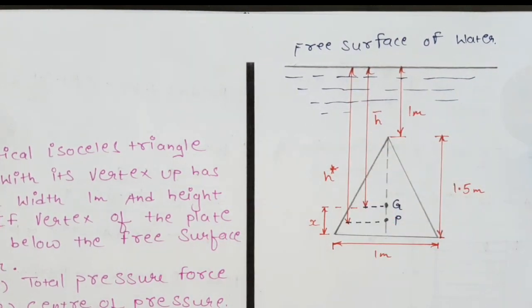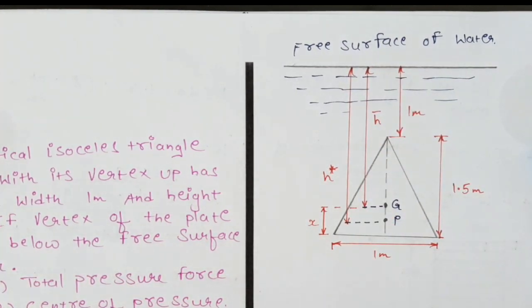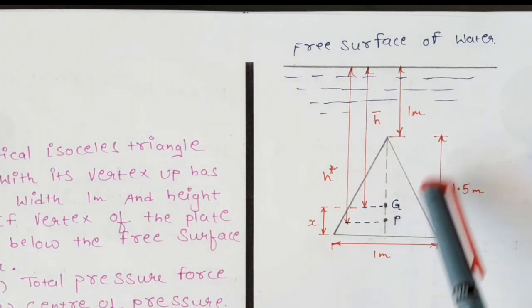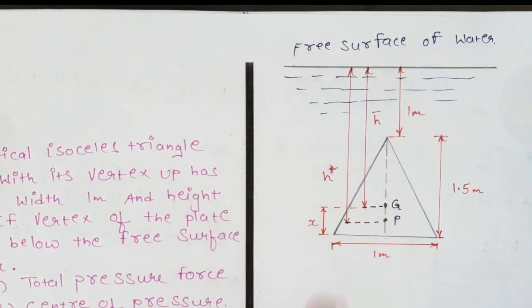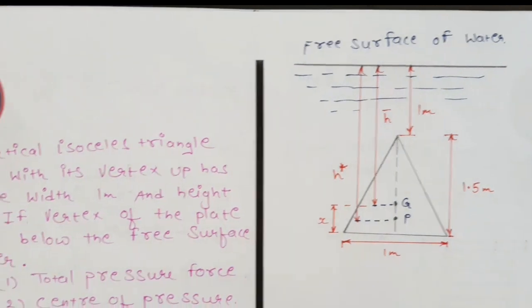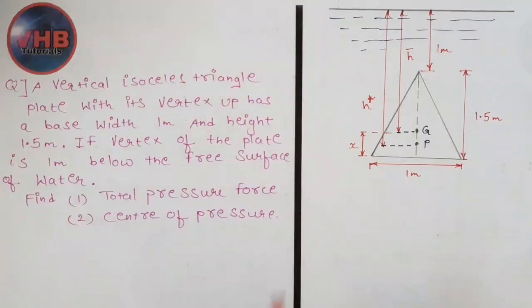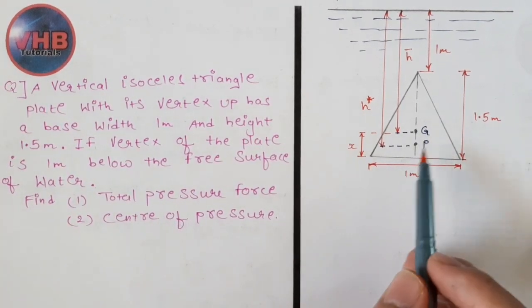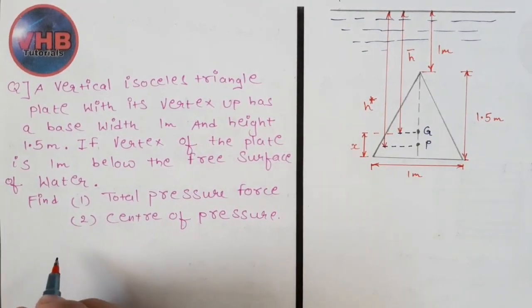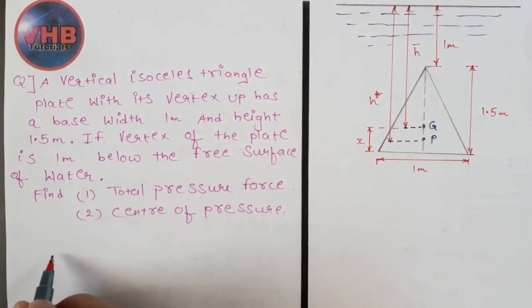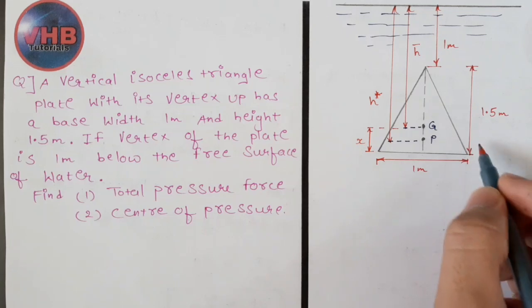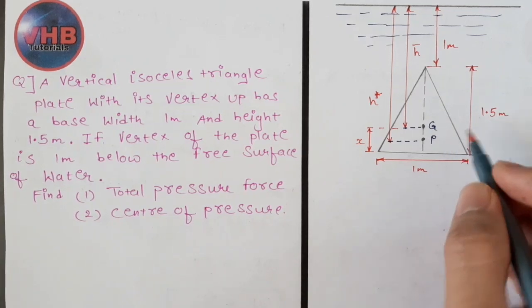First we will find H bar, the height of the center of gravity from the free surface of the liquid. For that we have to find the position of the centroid from the base. As we know, the position of the centroid of a triangle from the base is equal to height by 3, that is H by 3.